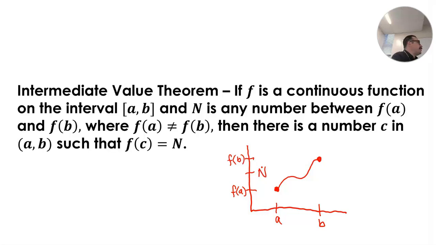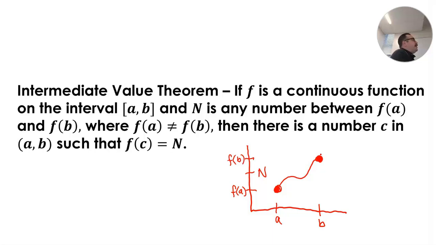So we'll place it right there. It doesn't really matter where. But if we have a continuous function, since f(a) is below n down here, and f(b) is above it, and it could be the other way around too, it doesn't really matter. Since we're continuous, that means we have a path between those two points.